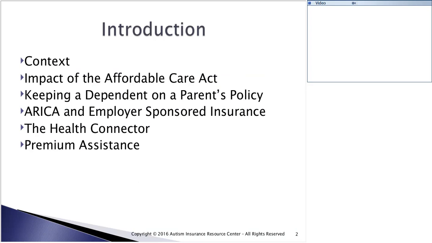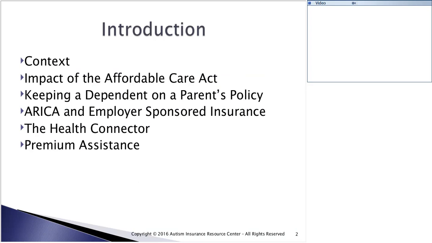I'm going to talk about how a parent can keep a dependent on their policy, which is getting into a little bit of technicalities, but unfortunately with insurance, it's really the fine print. But there are a lot of things that we can do and put in place. As parents, I am going to assume that most of the people on this webinar are either parents or providers or caregivers, but it is certainly also geared to self-advocates and people with disabilities as well.